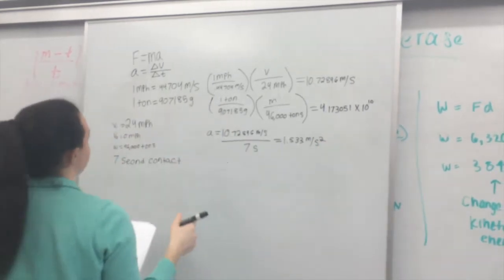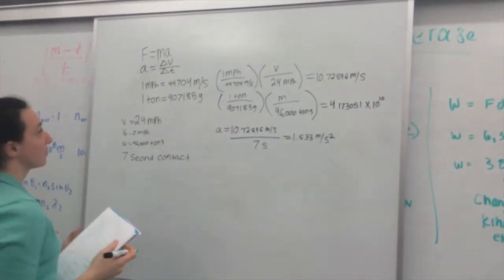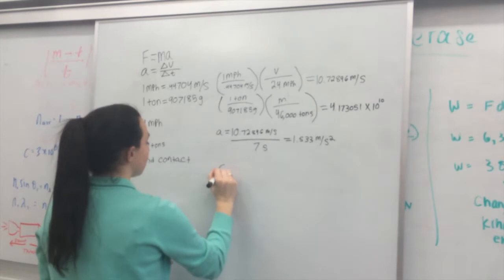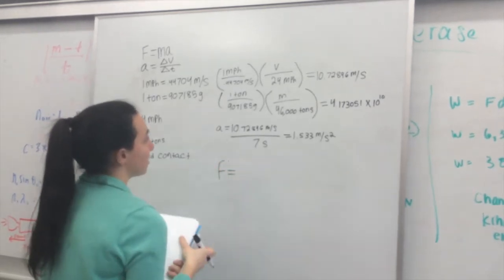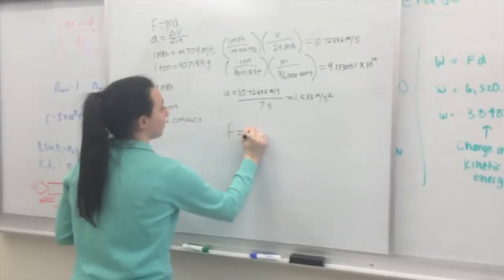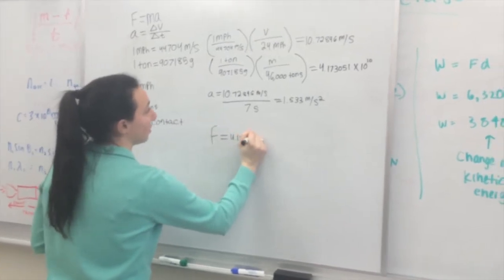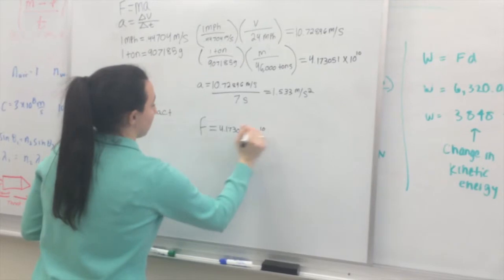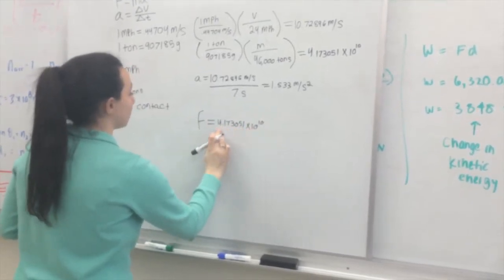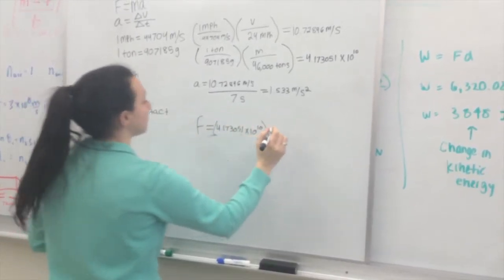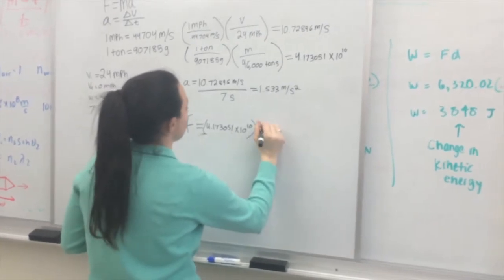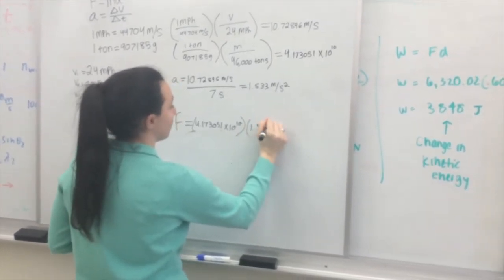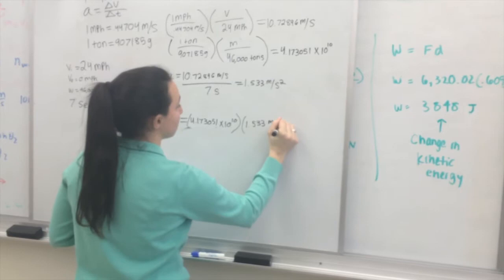And then you would take the acceleration and plug it into force equals mass times acceleration. So force equals 4.17305 times 10 to the 10th times acceleration, which we found was 1.533 meters per second squared.